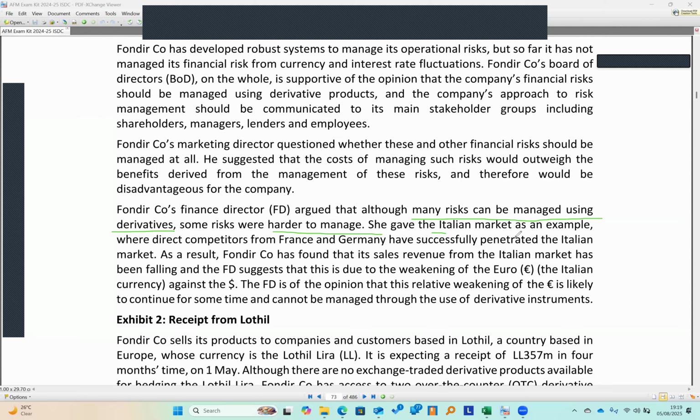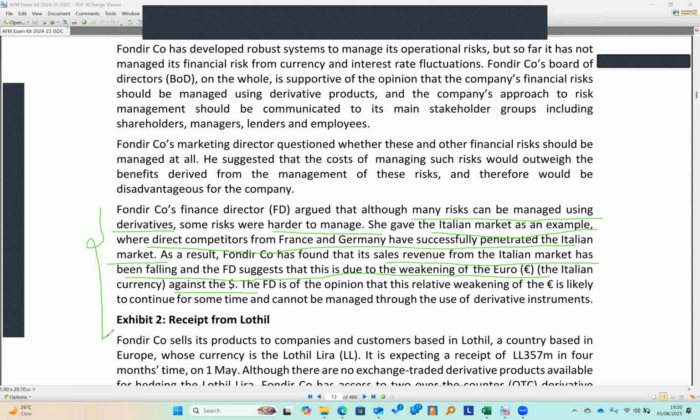She gave the Italian market as an example, where the direct competitors from France and Germany have successfully penetrated the Italian market. As a result, Fondir has found its sales revenue from the Italian market falling, and the FD suggests that this is due to the weakening of the euro against the dollar. So there's a question about this.